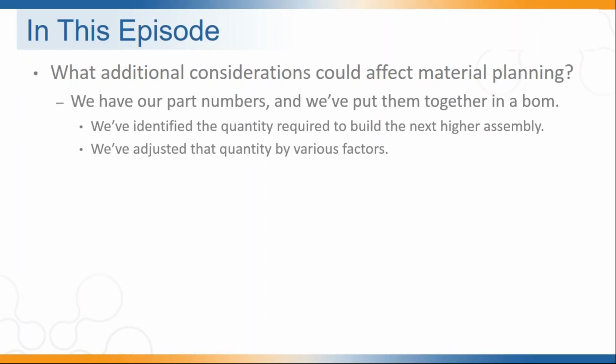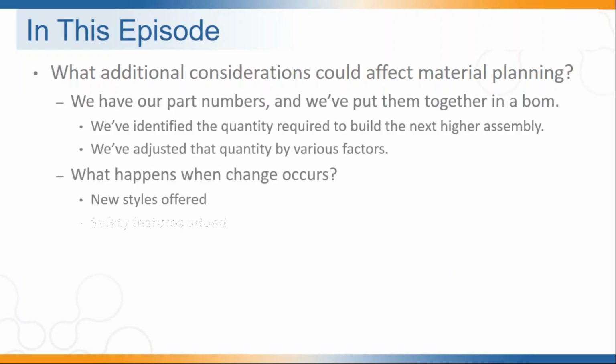And then we've even gone so far as to adjust that quantity by those various factors, the scrap factors and setup quantities that we talked about. So what else could affect the MRP system and its ability to plan properly?